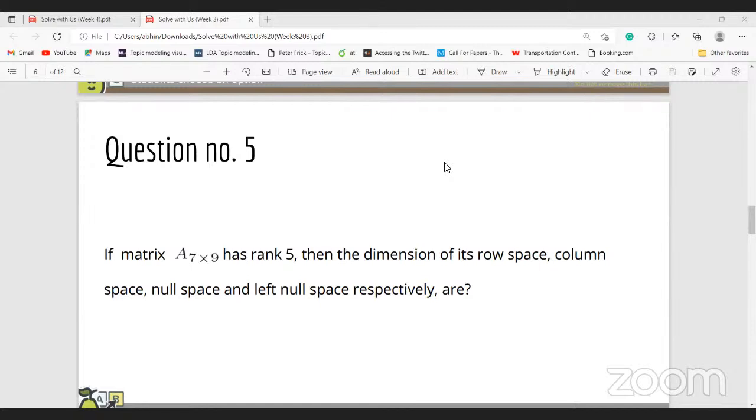But if you're clear with column space and null space, that's it. For instance, if you want to find rank, you can find it using column space, right? And the same rank you can find using row space. So you do the similar thing with these complementary fundamental spaces.